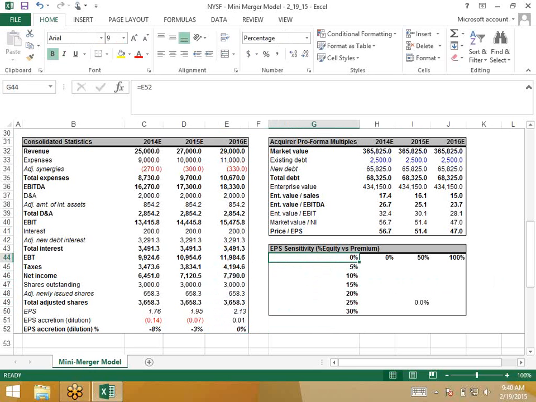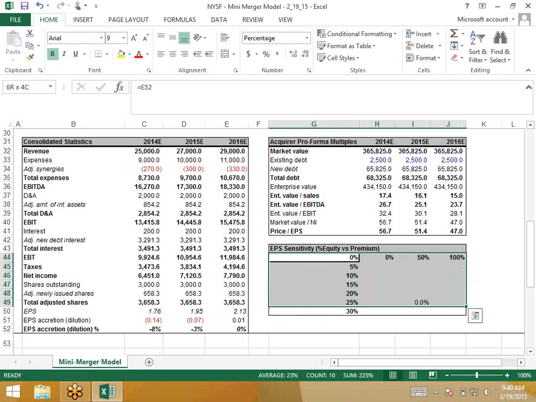Requirement number two is to the right of that data table, we need a series of variables, hard-coded, 0, 50, and 100%, that will impact that result if changed somewhere in the model. So this will be the percent equity. Underneath, a second series of variables that will impact the result once changed in the model. Let's consider this 0, 5, 10, 15, 20, 25, 30% premium.